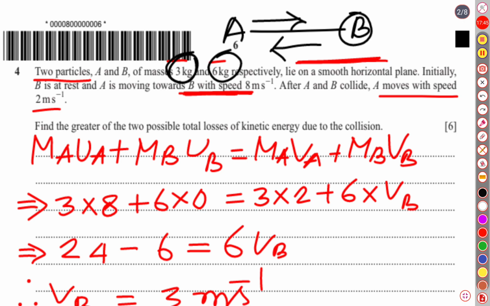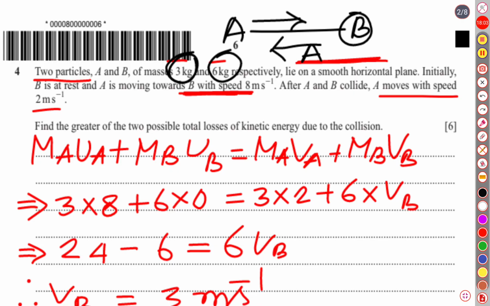Before collision A was moving towards B, but after collision it may be moving backward because the mass of particle A is less than that of particle B.